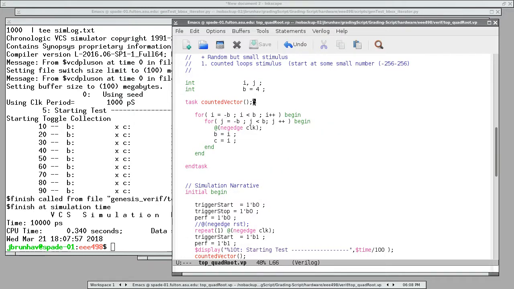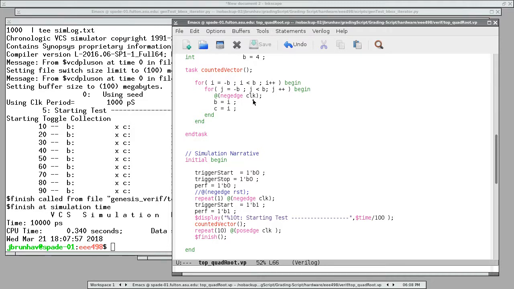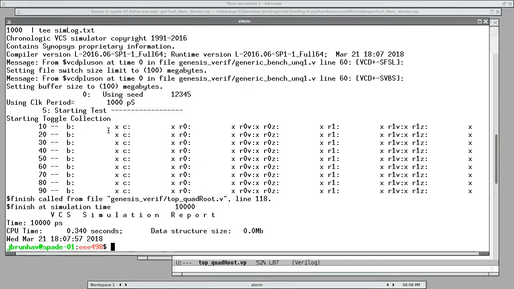So it looks like we're printing during reset, and then we're stopping. This isn't 16 things. 1, 2, 3, 4, 5, 6, 7, 8, 9.